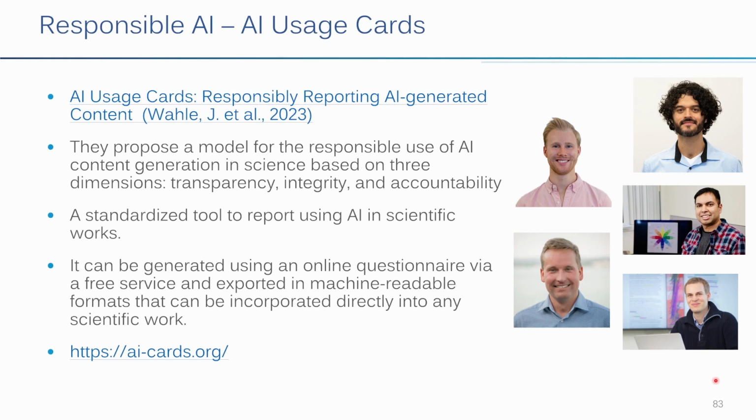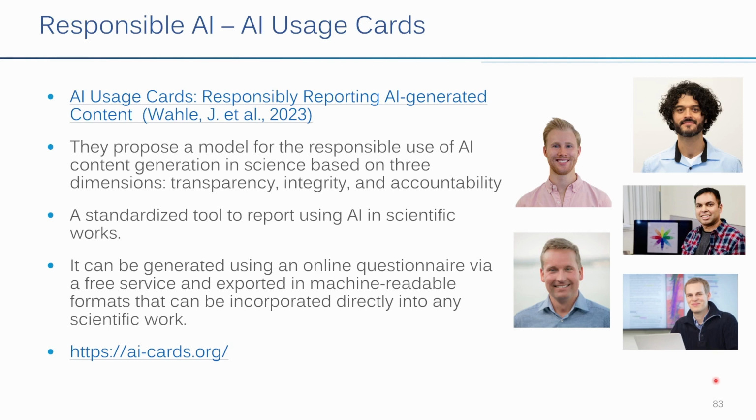On top of that, we also thought about how we can make our system a bit easier to use. So for that matter, we created an online questionnaire, completely free of charge, provided by the University of Göttingen, and it can be exported. This questionnaire can be exported in a machine-readable format that can be incorporated directly into any scientific work.